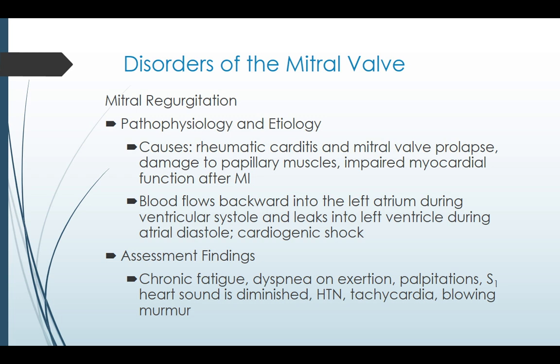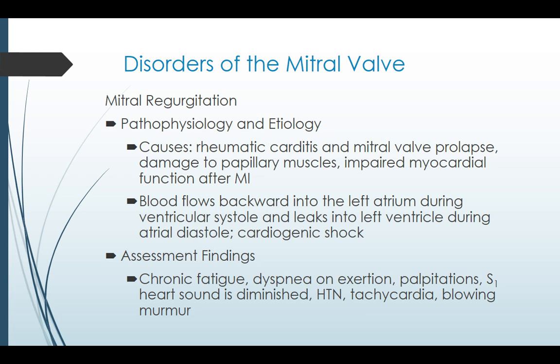Mitral regurgitation, again, is with the mitral valve. It's the same thing that happens with the aortic valve. It does not stop the blood from going backwards. It's usually impaired myocardial function after an MI, papillary muscles again. Blood flows backwards into the left atrium during ventricular systole and leaks into the left ventricle during atrial diastole.